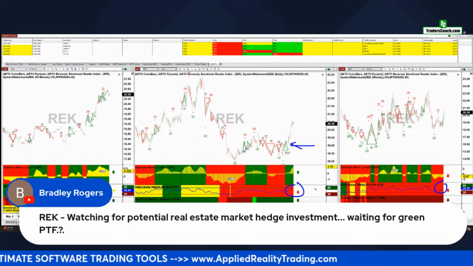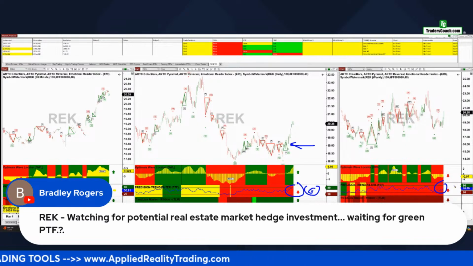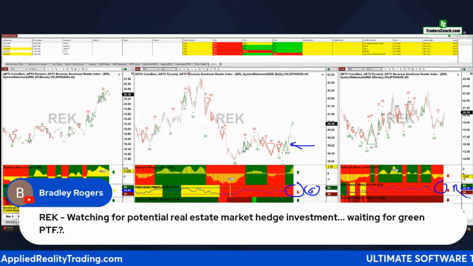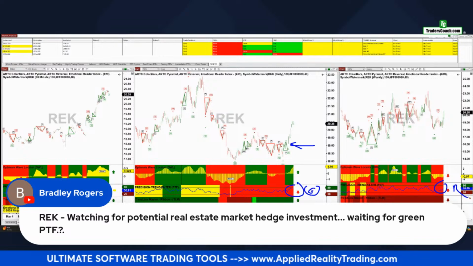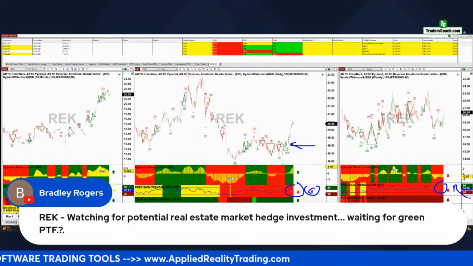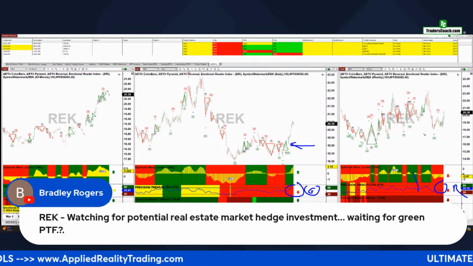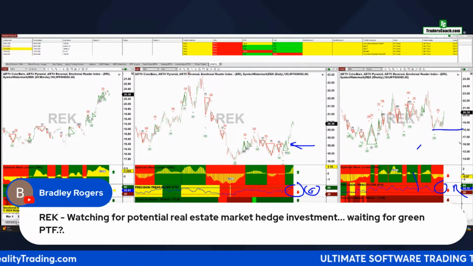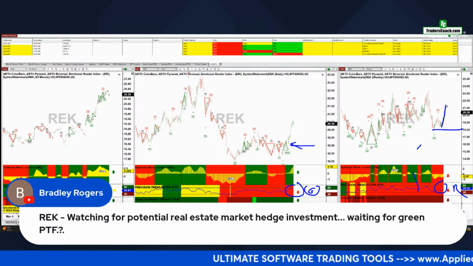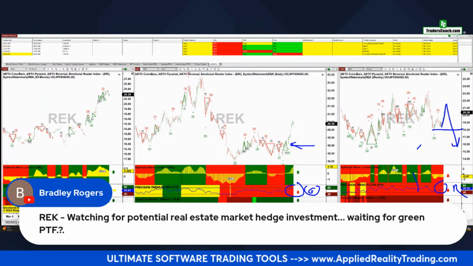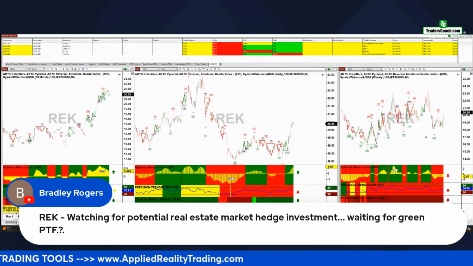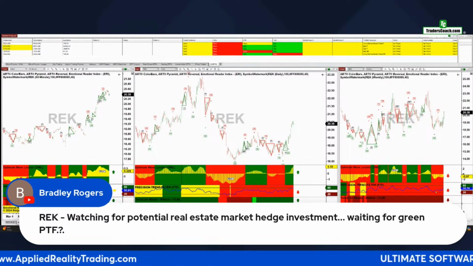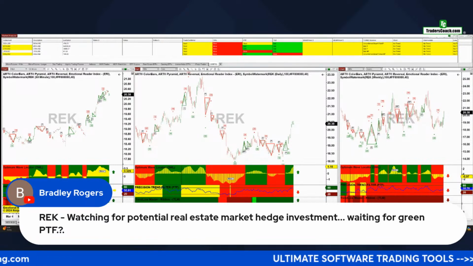Now, if this abruptly turns green, then you have something better, but you're still only in a possible correction in a downtrend, because as long as this stays red, then there's a 75% probability we're dropping below that. So any move up here is just a correction in a downtrend. So I would wait for that to turn green, and then I'd be careful. I don't think I'd even take it then, not with a red PTF on the weekly. Okay, I think you can do better.